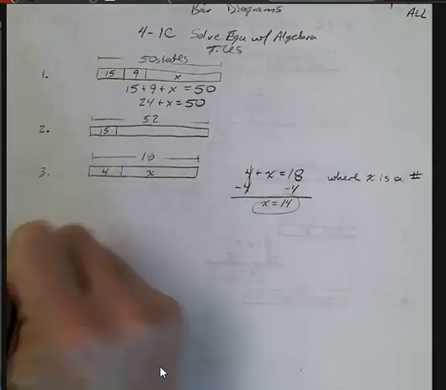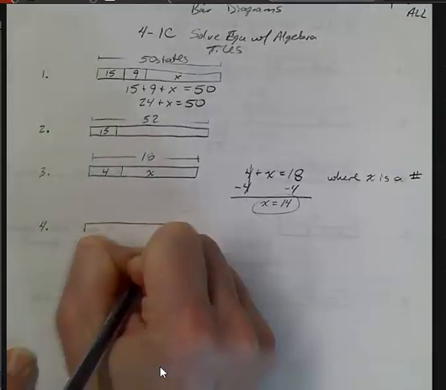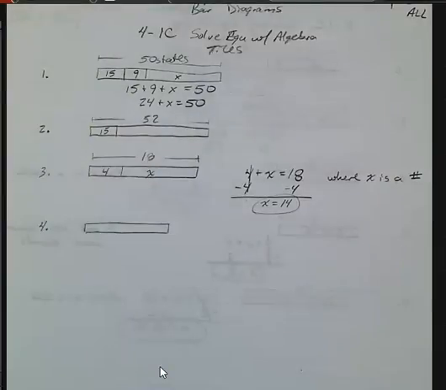4. Two more than the number of frogs is 4. Wait a minute, it doesn't say equals, it doesn't say sum or difference or product or quotient. How do you know which one's the parts and which one's the whole? Jessalyn?